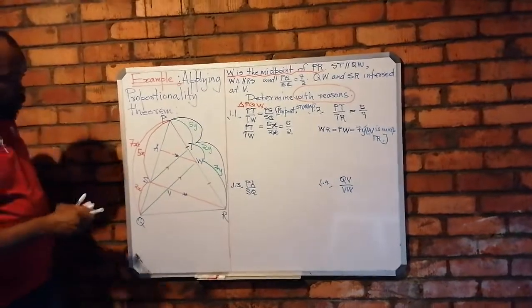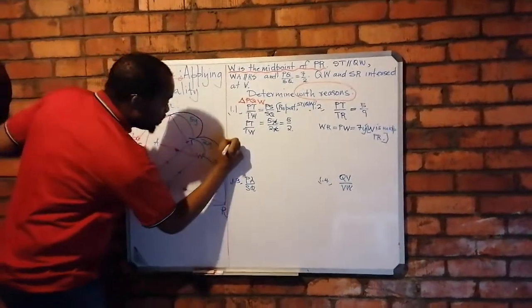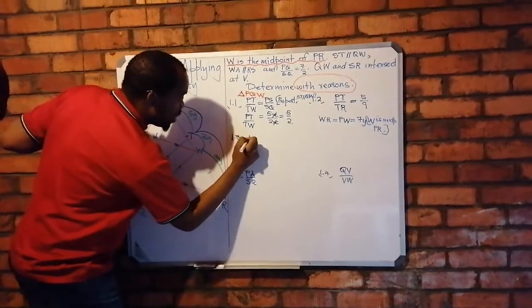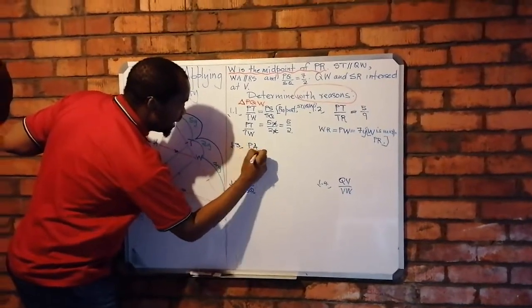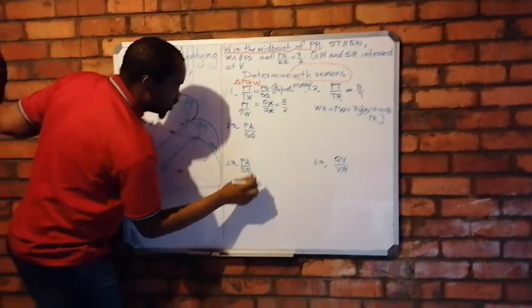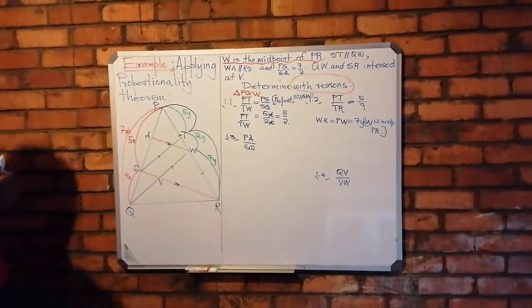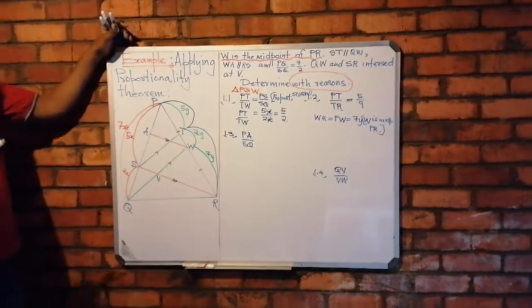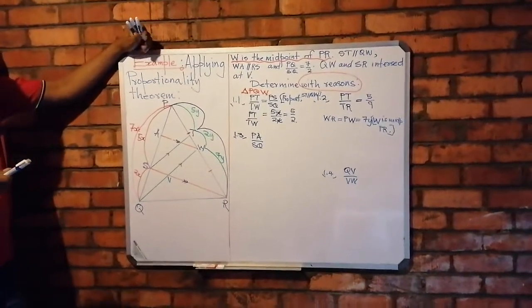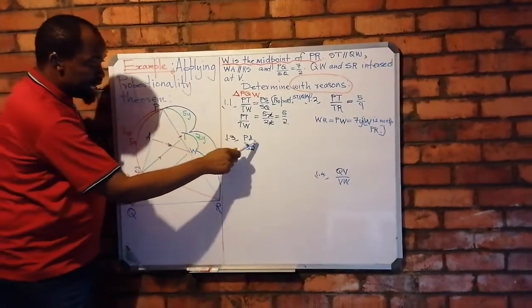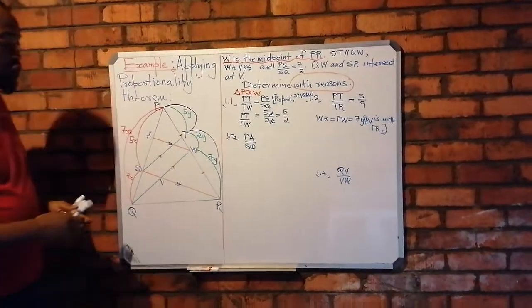Let's move on to the next one, number 1.3. Let's move it up there. We want PA divided by SQ. Folks, please, your mathematics is very important. PA divided by SQ.